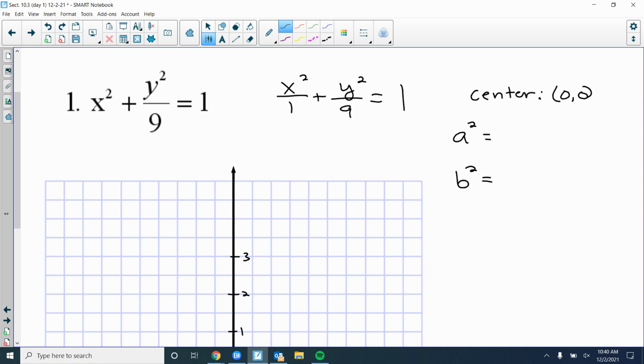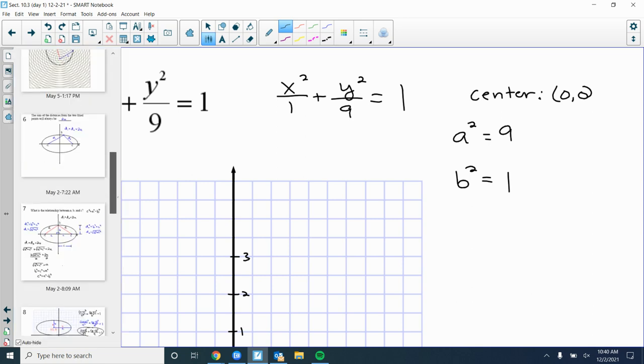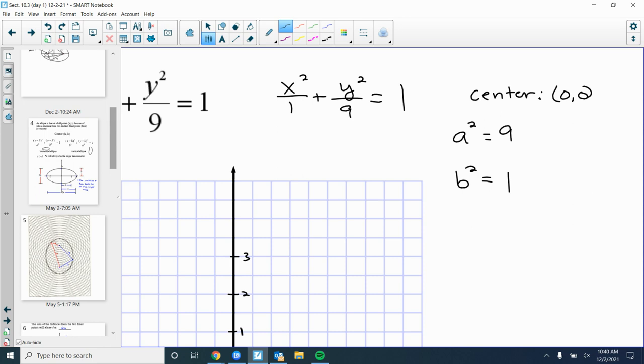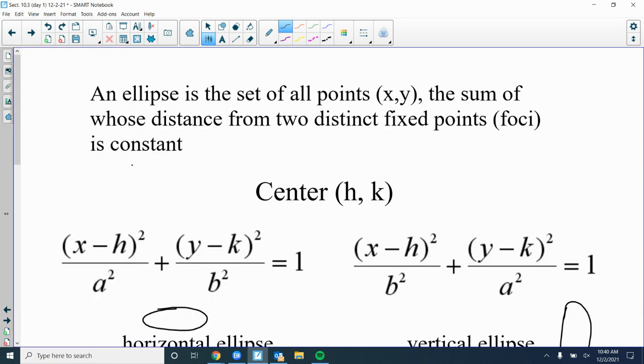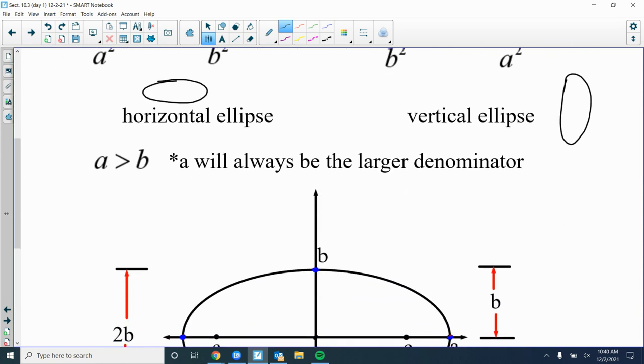This statement right here: A is always greater than B, and therefore A squared will always be the larger denominator.